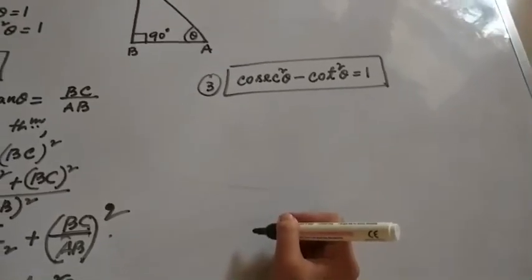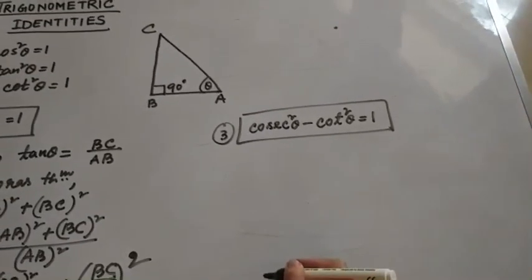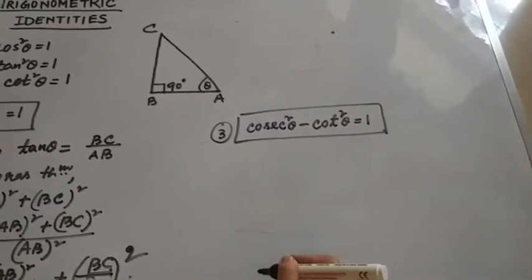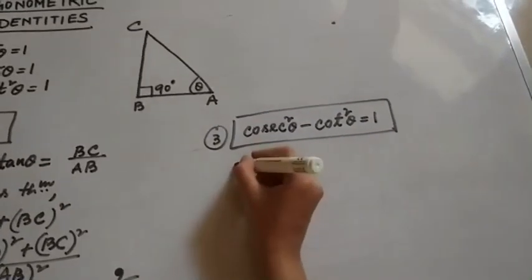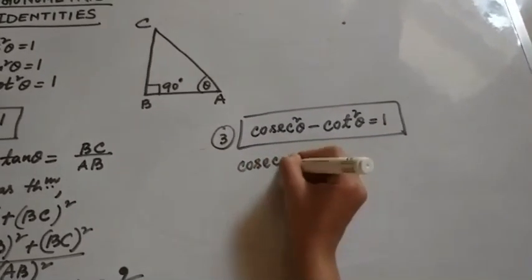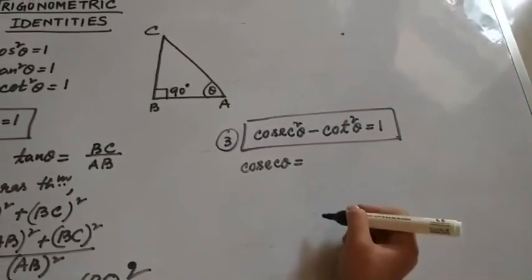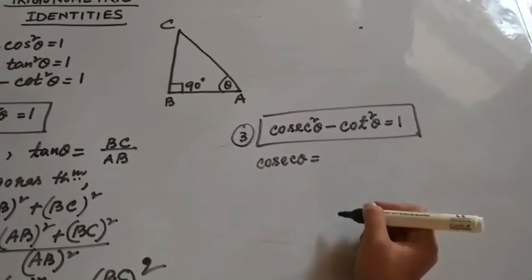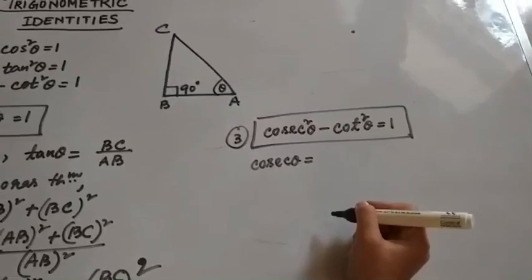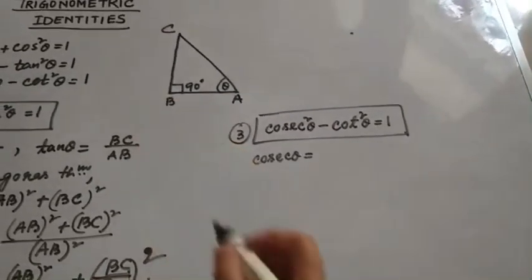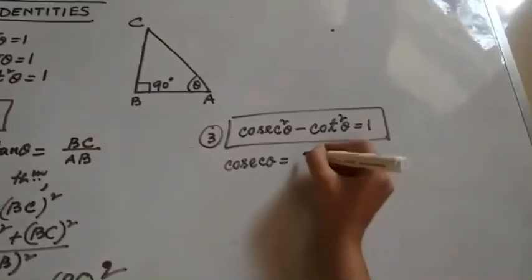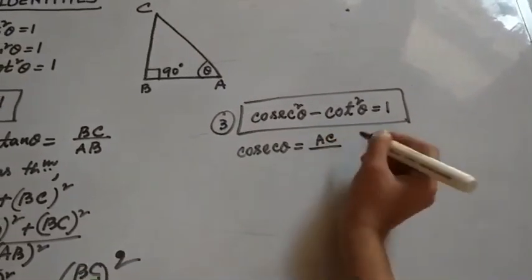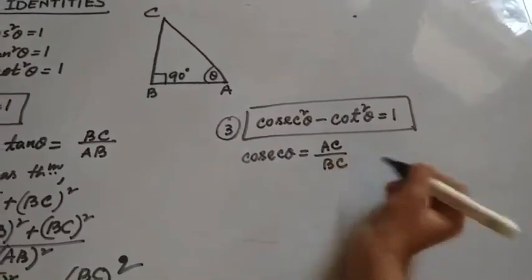So again we have to write down the ratios of cosec theta and cot theta. Cosec theta equals the reciprocal of sin theta, that means it will be hypotenuse by perpendicular, that means AC by BC.